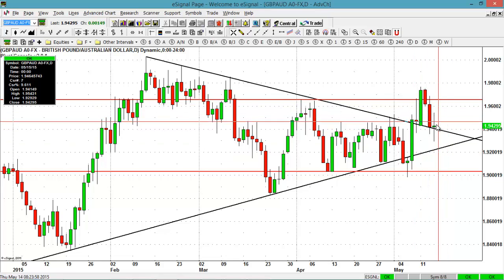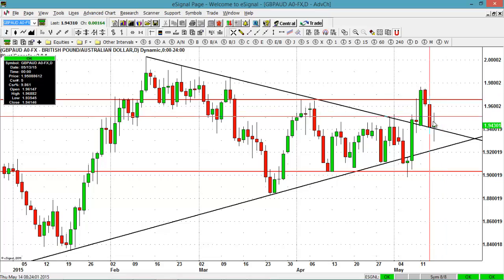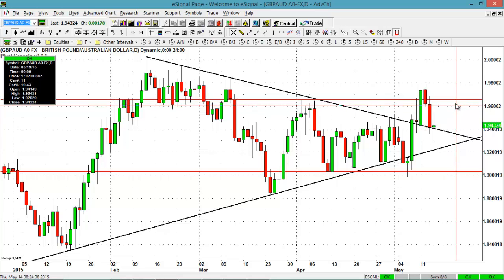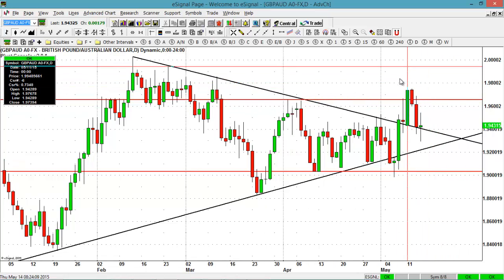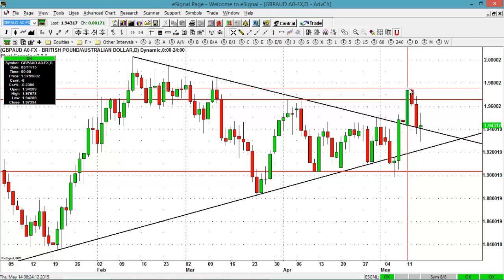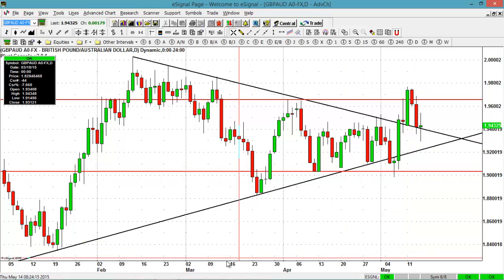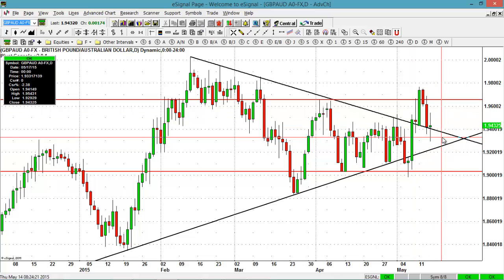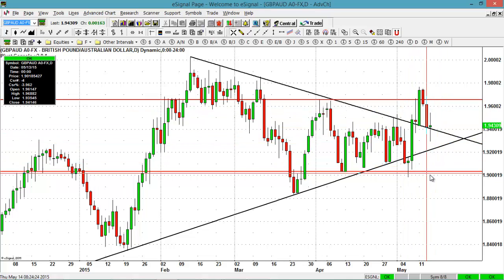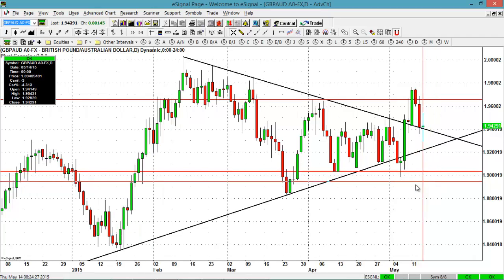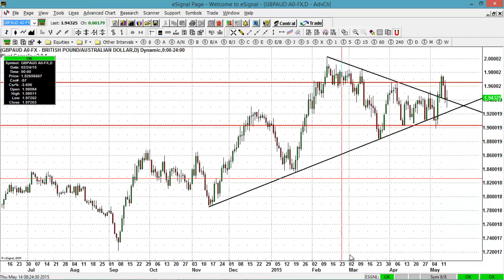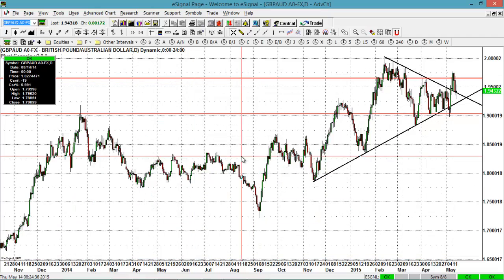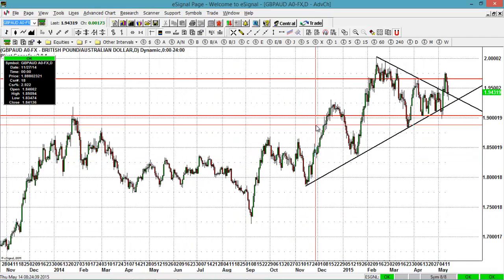Ideally, if this support area holds, we want to see the market close above 96 and ultimately above this swing high at 97.67. If that occurs, then we will set up for a test of the $2 level. If that doesn't occur and we swing back down to the 90 level and close below 90, then that will signal a larger sell-off in this market. But I'm with the trend, and I've positioned myself with the prevailing trend, which at this moment is up.